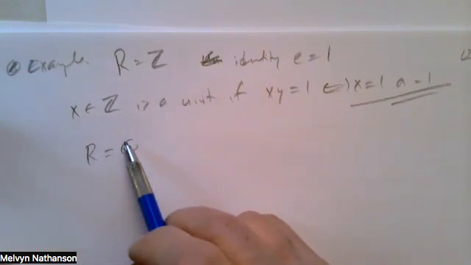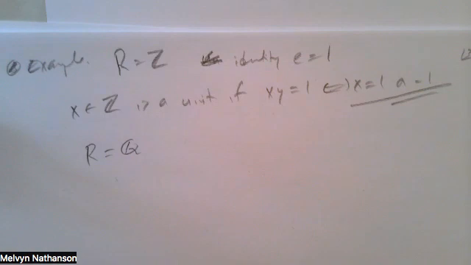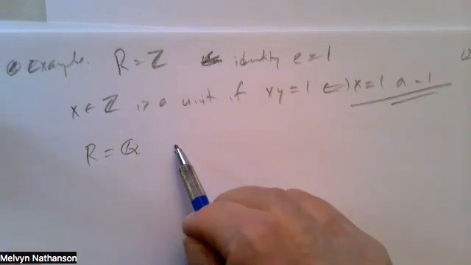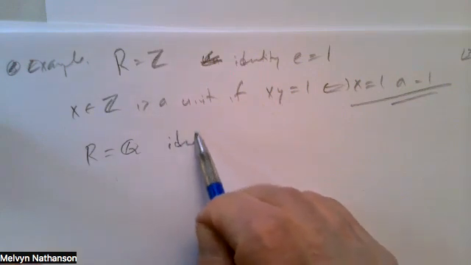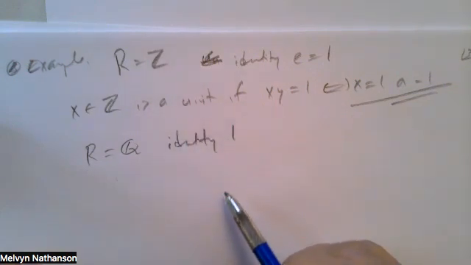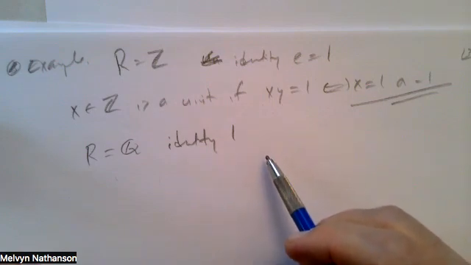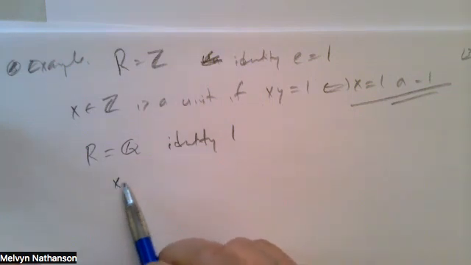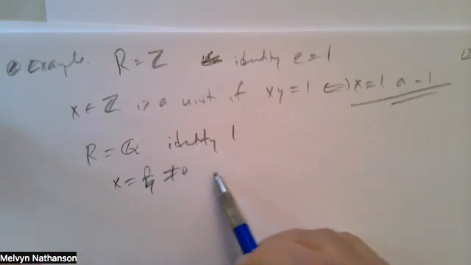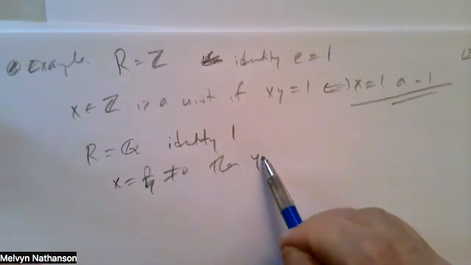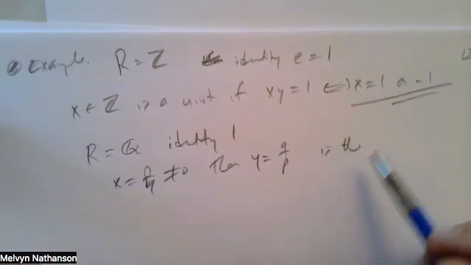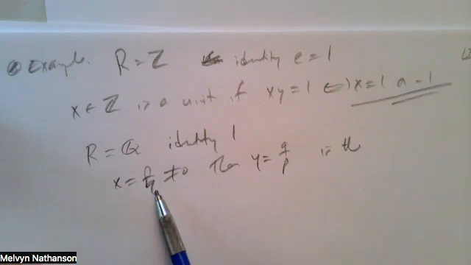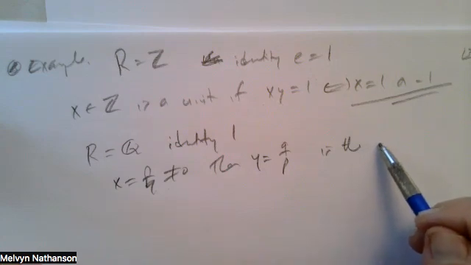If you take your ring to be the rational numbers, the identity element is the number 1. What elements are invertible? If you take X equal P over Q, different from 0, then Y equals Q over P is another fraction, and is the inverse. Q is non-zero, and P is non-zero.